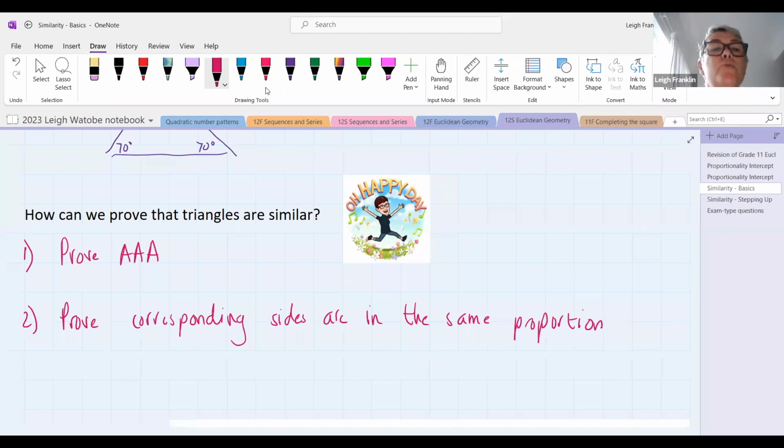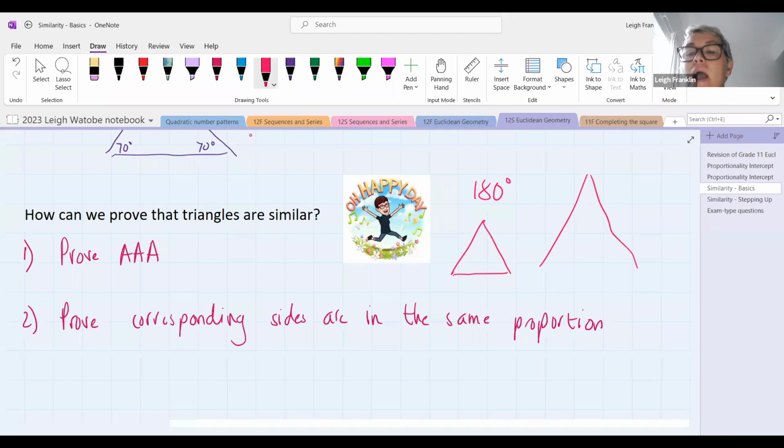Now, when we are proving angle, angle, angle, all the angles of a triangle always add up to 180 degrees. So if I want to prove that two triangles are similar to one another, and I prove that this angle over here and that angle over there are equal, and then I prove that this angle over here and this angle over here are equal, I've actually proved similarity, because the interior angles have to add up to 180 degrees, so this angle over here in green and that one over there are going to be the same as well.